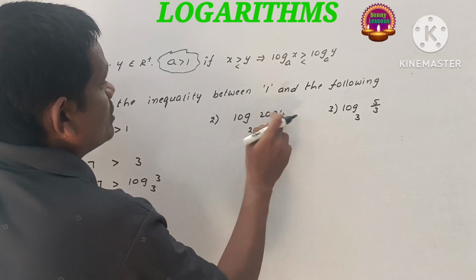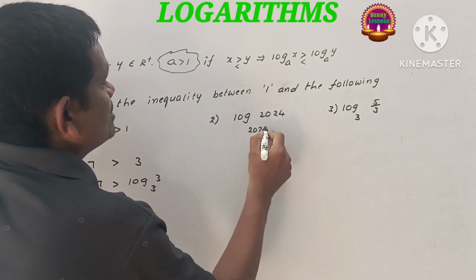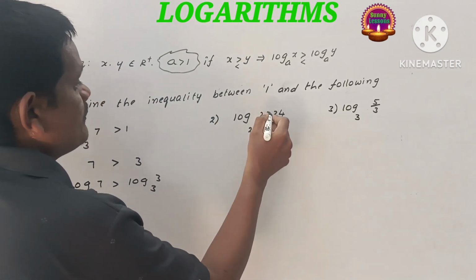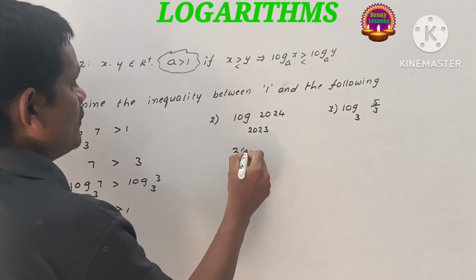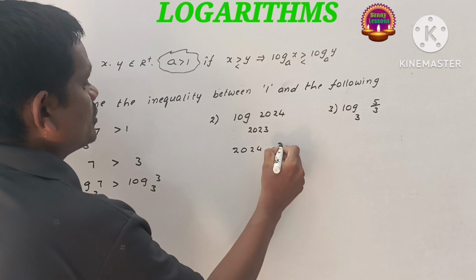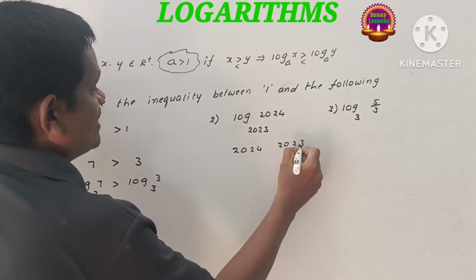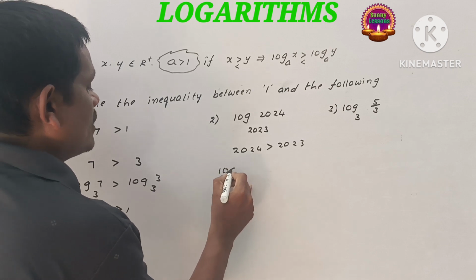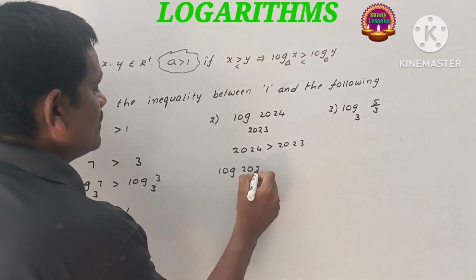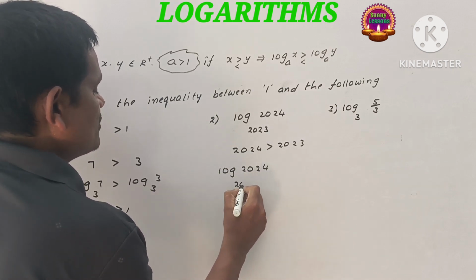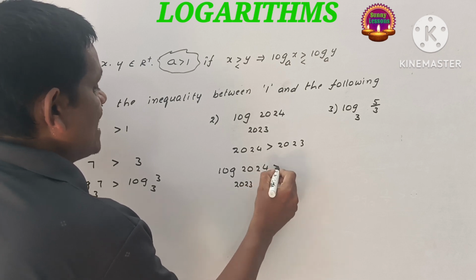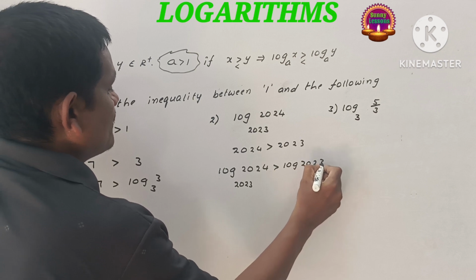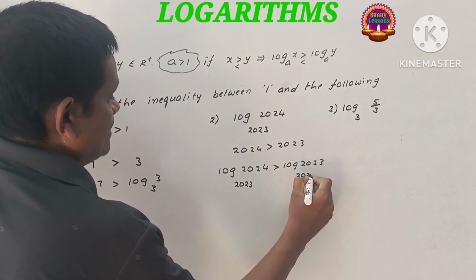Like that, log 2024 base 2023. Here we have to compare 2024 and 2023. Which is greater? 2024. Apply log on both sides. Log 2024 base 2023 is greater than log 2023 base 2023.